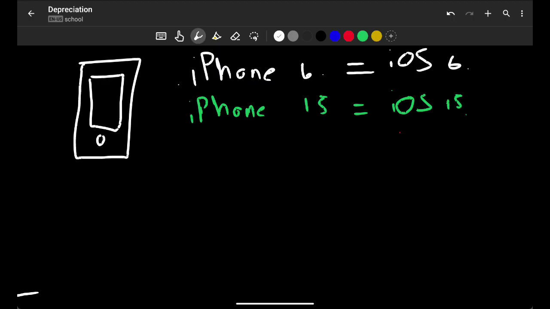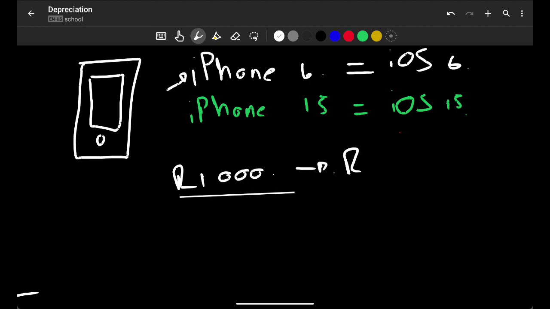Okay, now we have our basics. This phone of yours, this iPhone that you bought for 1,000 rand. But every year, iPhone releases a new phone, meaning that the more years to come, the less valuable your phone becomes. So if the value was 1,000 rand, the next year your value might be worth 800 rand.